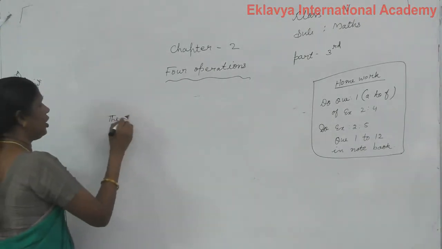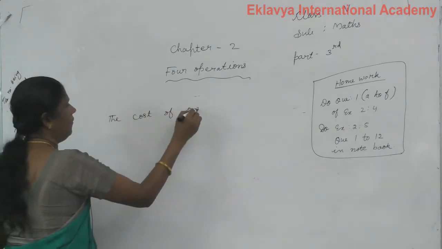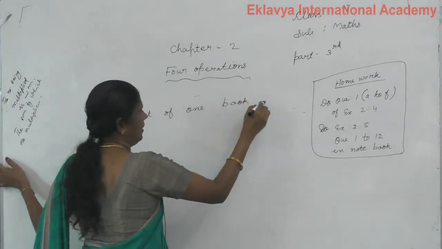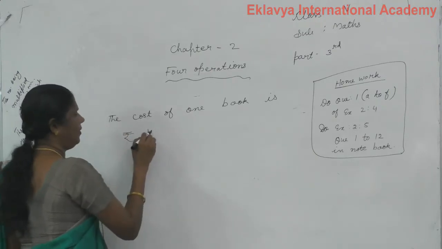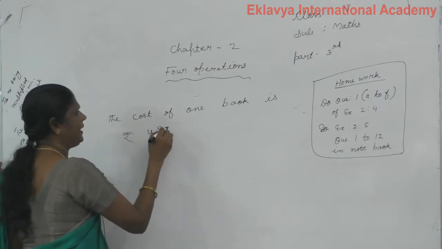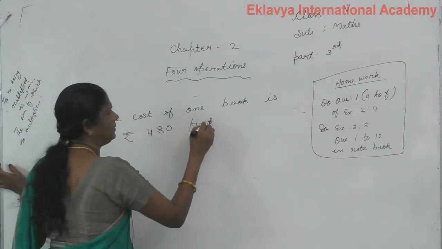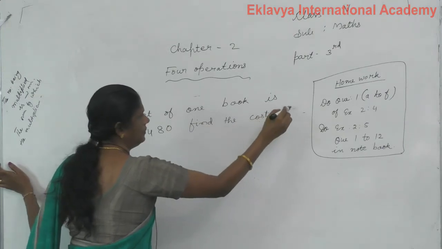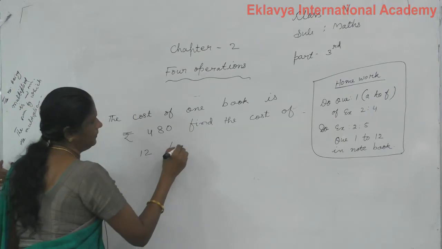The cost of one book is rupees 480. Find the cost of 12 books.